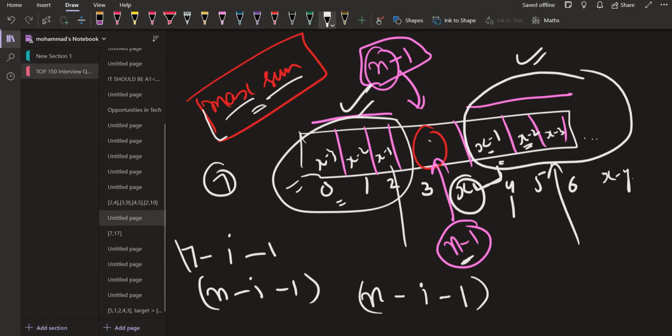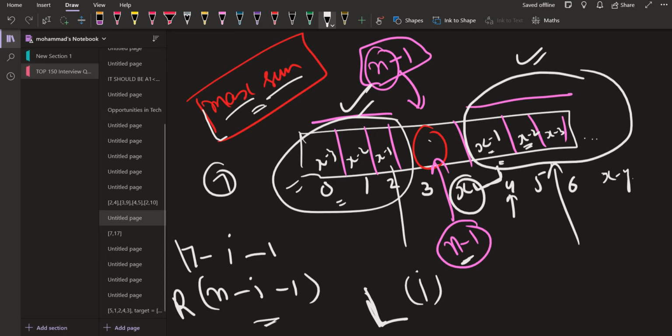If I was 4, then 7 minus 4 is 3, minus 1 is 2. This is correct for the right hand side. For the left hand side, actually the number of elements is simply equal to the index I. These are the number of elements on the left hand side, and these are the number of elements on the right hand side. Now I can simply apply the formula.